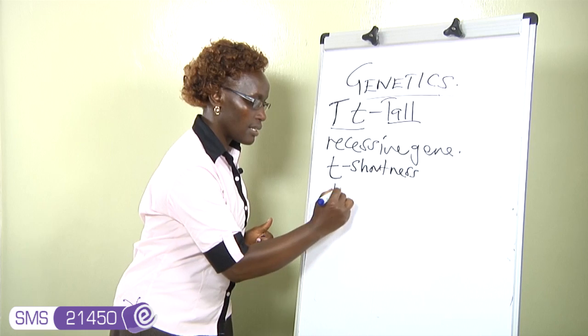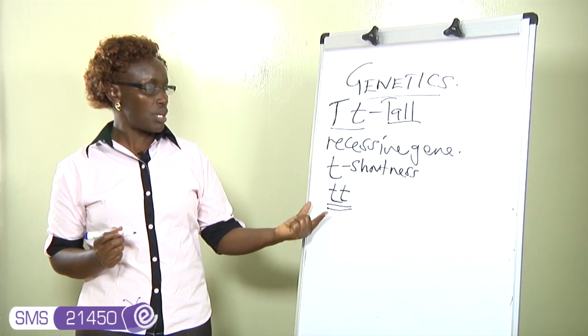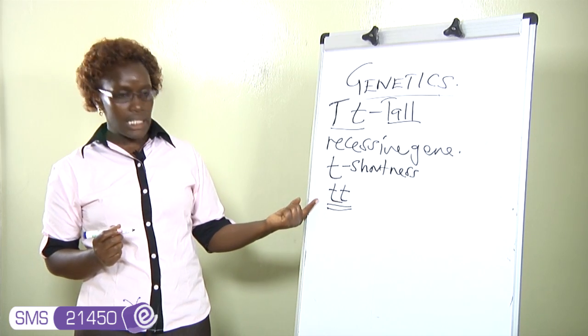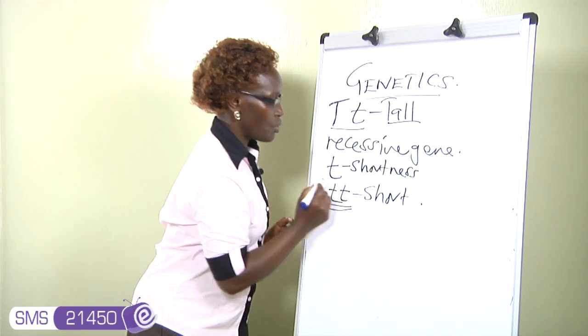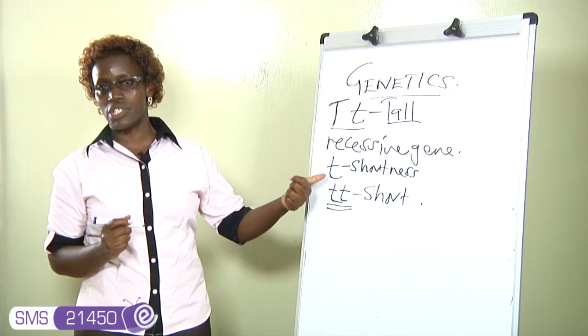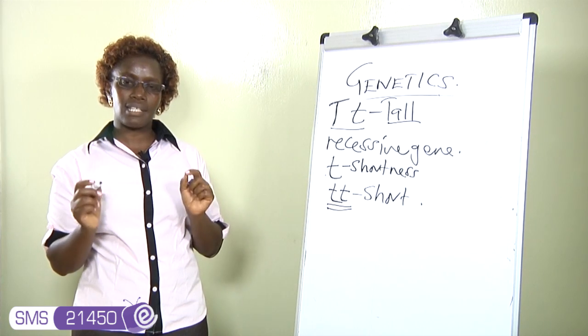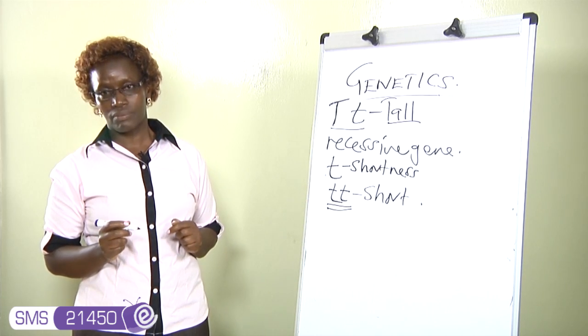Hence the person who inherits two small t, or similar alleles, will become short. So the small t gene is a recessive gene. It can only express itself in the presence of another similar gene.